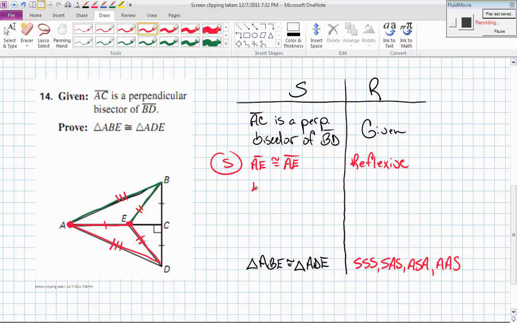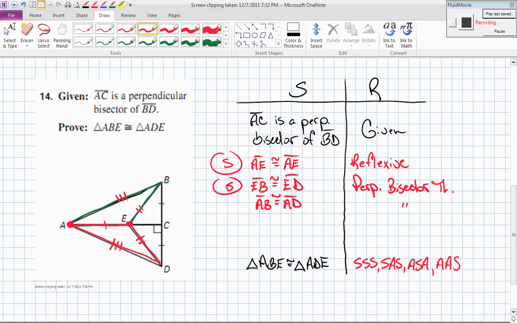So let's get those down. We have line segment EB is congruent to line segment ED. And we have line segment AB is congruent to line segment AD. And again, the reason here is the perpendicular bisector theorem.